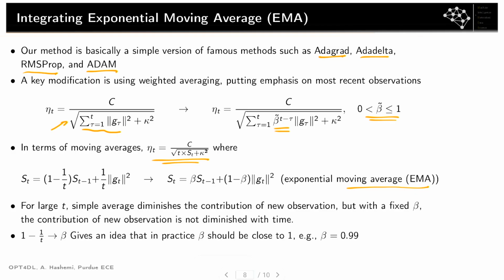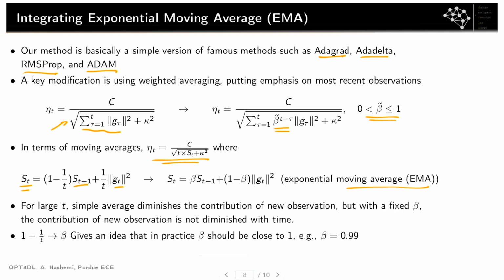Previously we basically had a simple moving average, meaning that the accumulated variance, or the variance at time t, depends on the variance at time t minus 1 and the current observation using this formula. So this is again talking about a simple average, but in terms of a moving average.